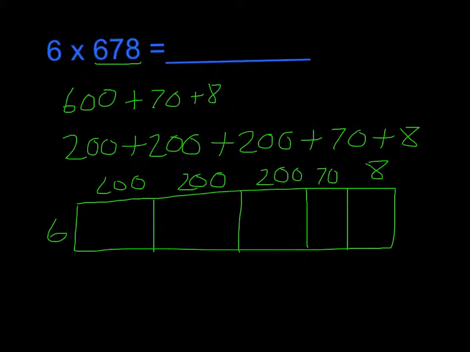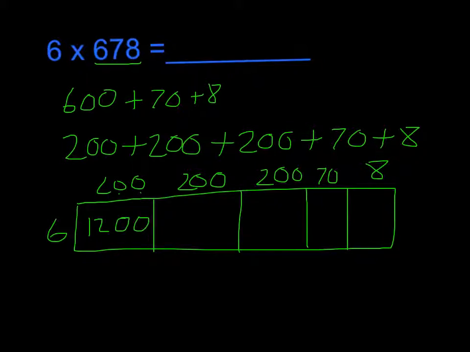Now 6 times 200 would be a lot if we didn't know our zeros. Because we know that multiplying with zeros, all we're doing is adding the zeros on the end. We're going to take our 6 and multiply it by 2. 6 times 2 is 12. And then because we have 2 zeros there, we're just going to put in our 2 zeros.